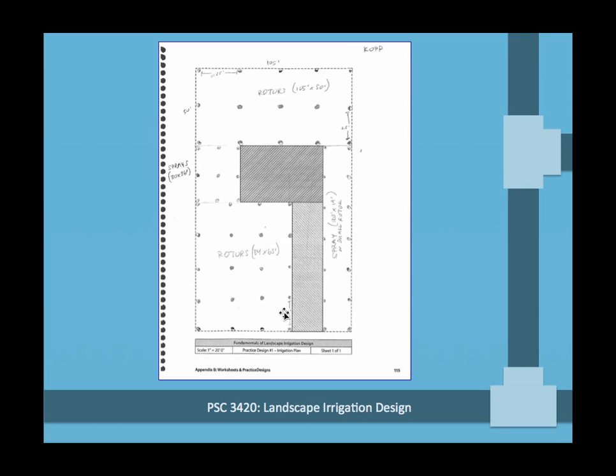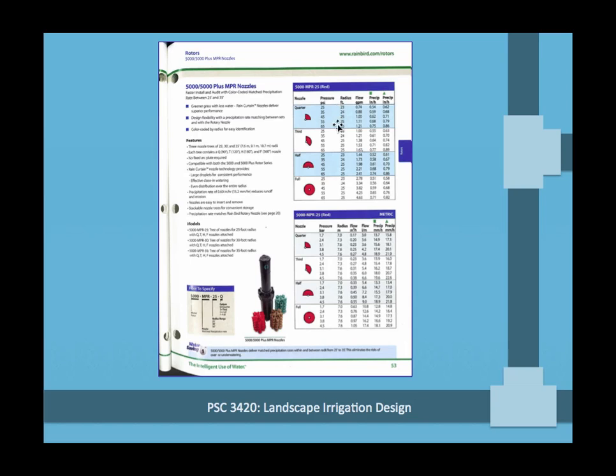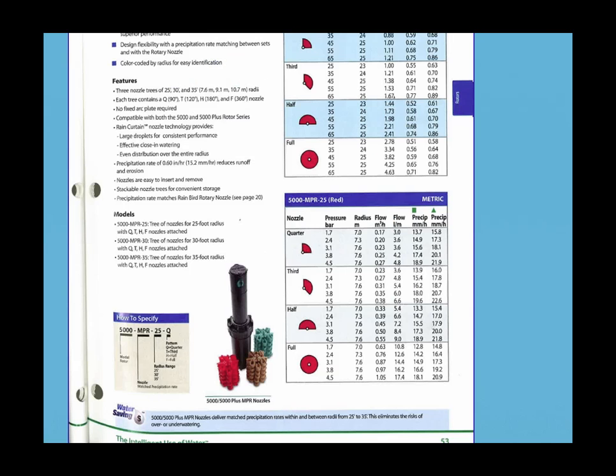Here, these are roughly 21 feet by 21 feet. And so, again, I've gone to this particular sprinkler. Let me blow that up for you. And you can see that the radius of throw is about 25 feet, goes down to 23 depending on the pressure. But again, the radius of throw can be adjusted.